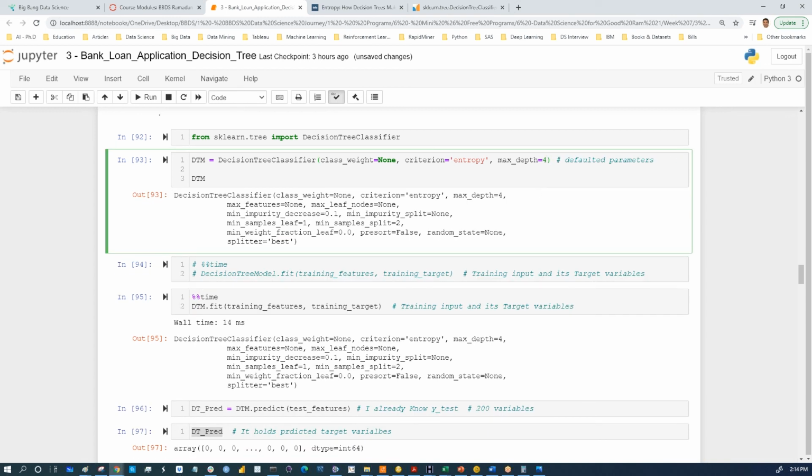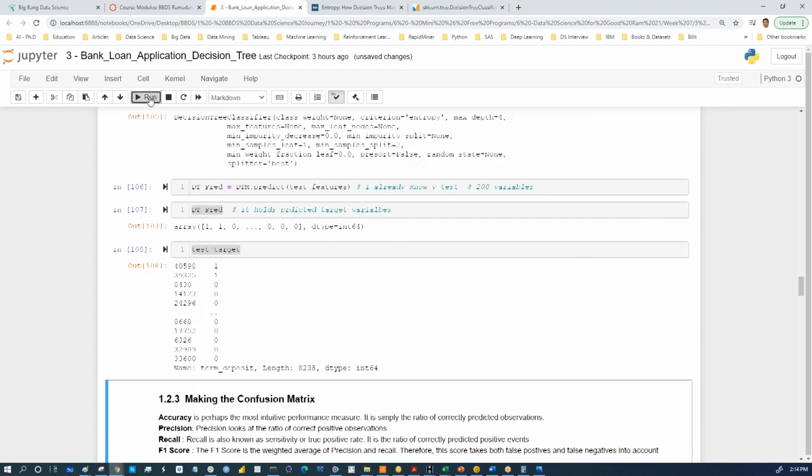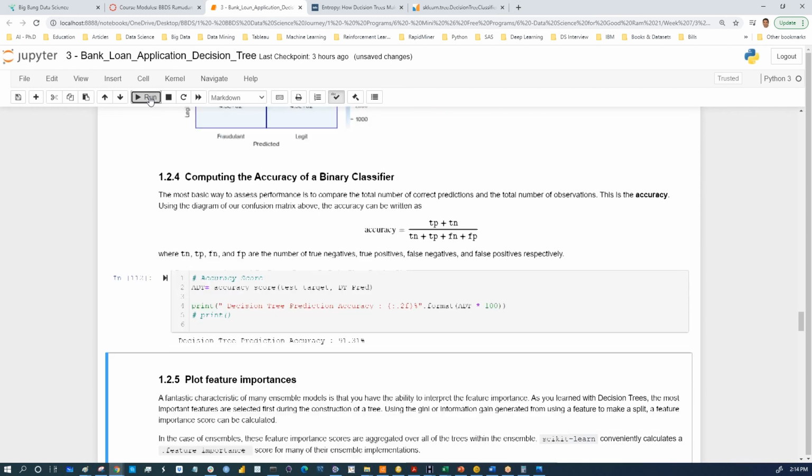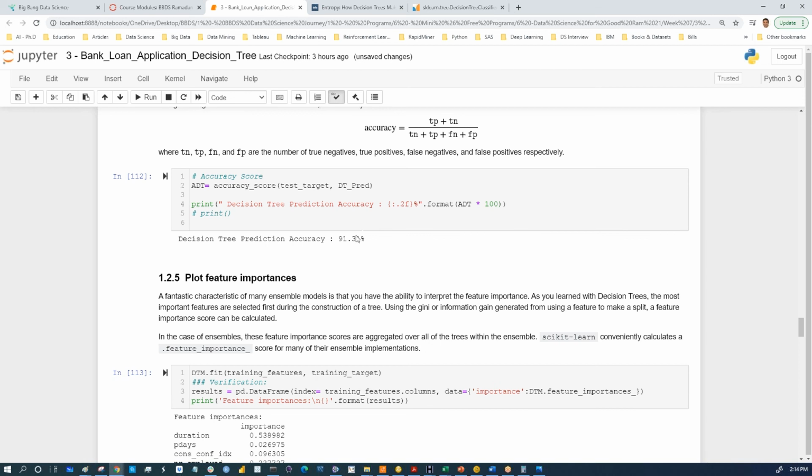And so we play with these numbers manually or systematically. Unfortunately, it's not part of the program. Otherwise, I would show you how you could do it systematically. There are many methods. One of them is called grid search. The other one is called random search. There are many methods that you could use to improve the quality of this model.